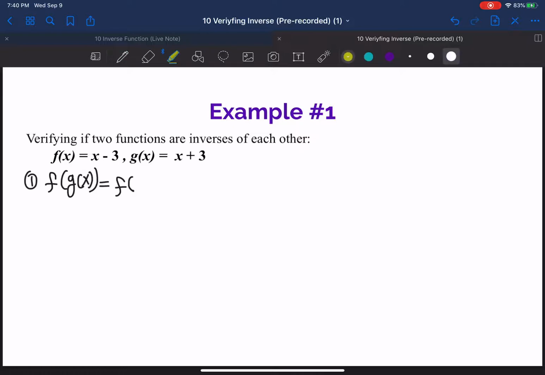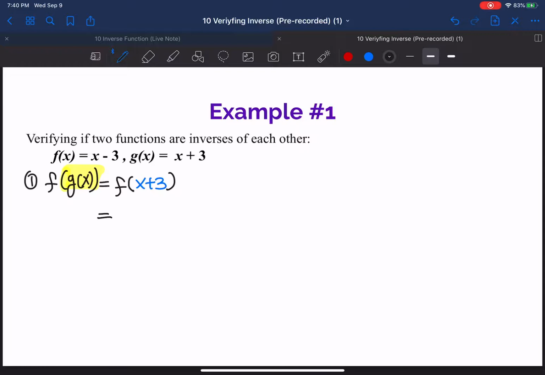By now, we already know what to do. This g of x is the same thing as x plus 3, right? g of x is just the name for the function. So instead of writing g of x, I am going to write x plus 3 because it's easier for me. And I close the parentheses, okay?